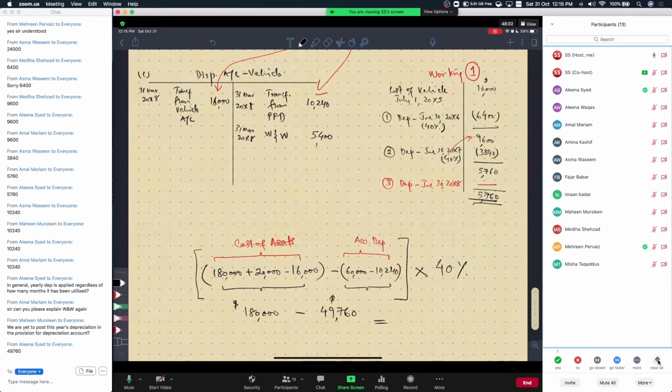And now 180,000 minus 49,760, and then you take 40% of that. That is going to be your depreciation charge for the current year. How much would that be? How much does it come to? Anyone?